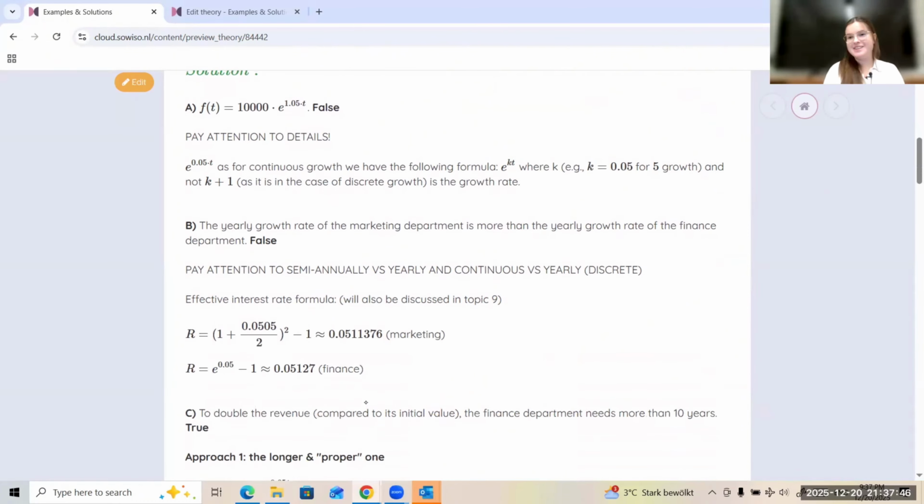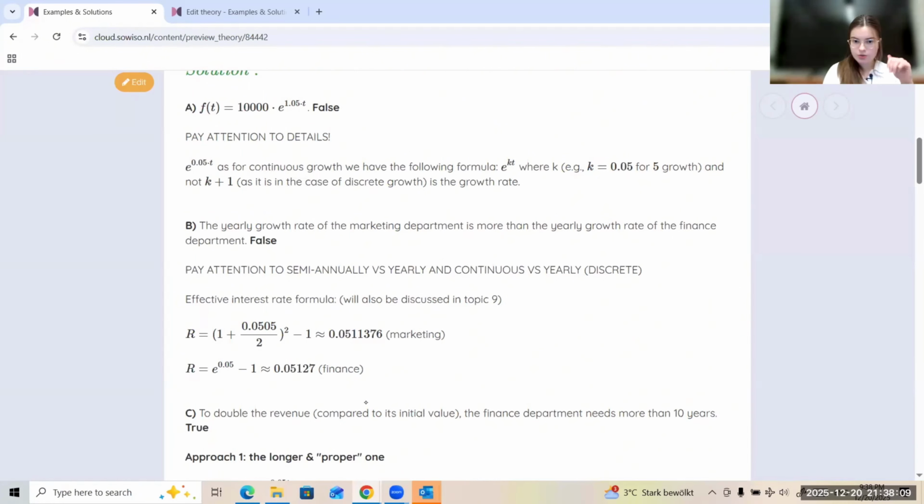Now, again, a tricky task. So here you have the yearly growth rate comparison. And yearly growth is different from semi-annual compounding and continuous compounding. You would need to know something called the effective interest rate that kind of cancels out. It shows you the effects of how often it compounds in a way.